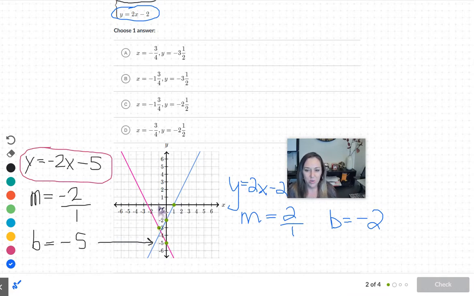So see, when I come down here, if I go all the way to -1, I've gone too far. So I definitely am going to either choose A or D, because -3/4 is about where it's hitting the x-axis. Okay, the other two are saying -1 3/4. That would be a little bit too far over to the left. Okay, so I know it's either A or D.